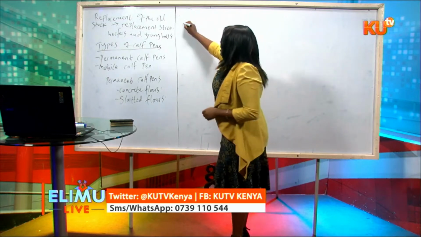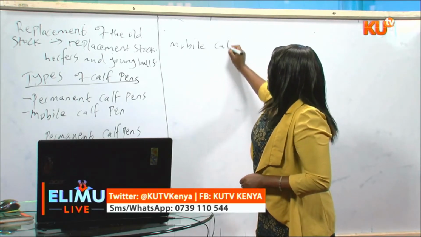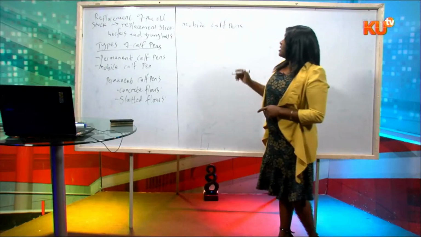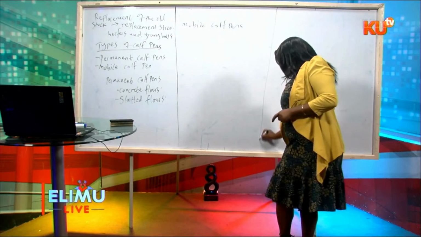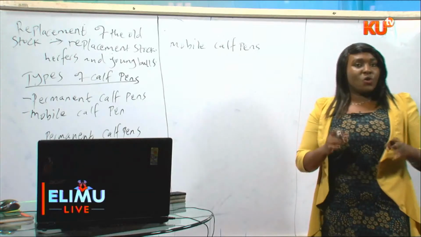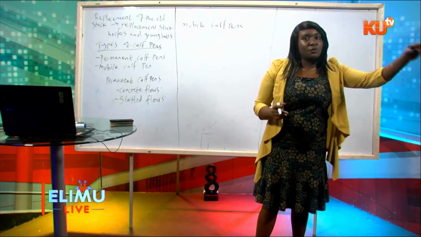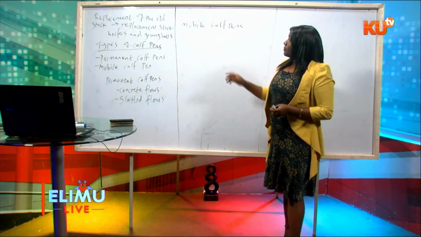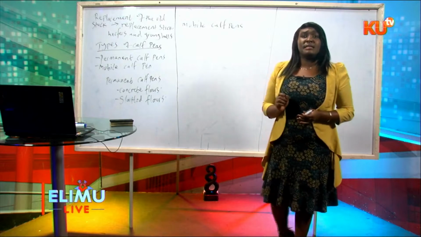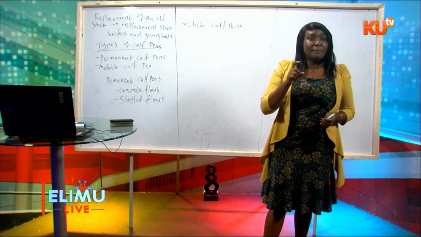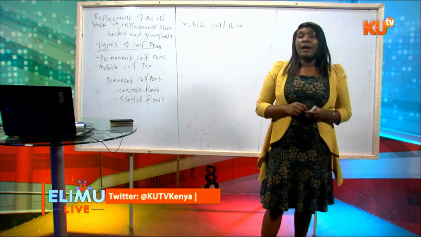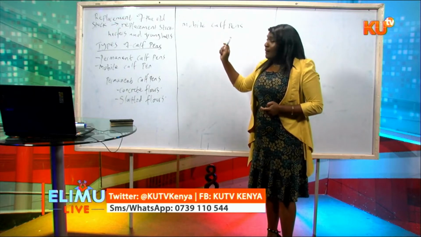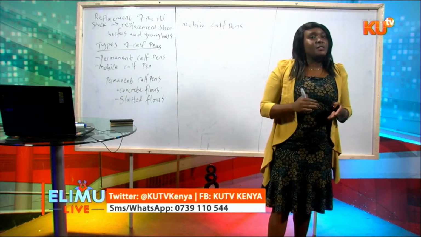So the mobile calf pens, dear learner, can easily be moved even after 2 days. Where you had placed it, you move it, and of course you move together with the calf so that you get fresh pastures. Because the calf is feeding on the pastures that are growing on the ground, the floor of that calf pen is not covered.